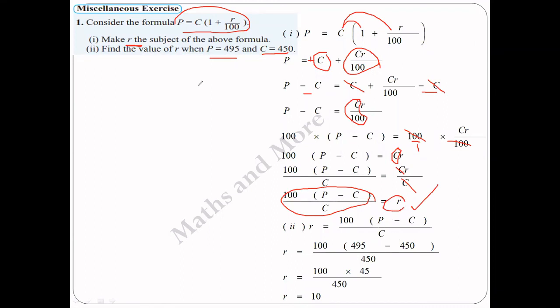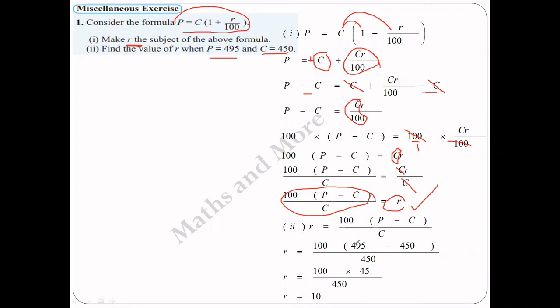After that, let's substitute. P is 495, so in the place of P, 495. 100 brackets 495 minus what is C? See here, C is 450. Therefore, the denominator is also 450.